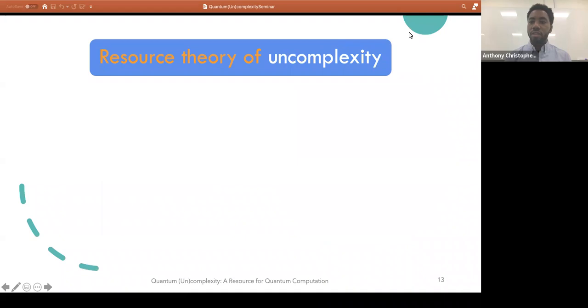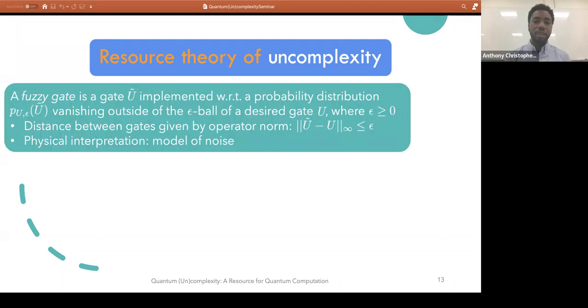Okay, so now let's actually discuss the resource theory of uncomplexity. As I said before, in order to define a resource theory, we're really just trying to define the allowed operations within the resource theory. We have a primitive notion prior to that we need to discuss. That is the notion of a fuzzy gate. The fuzzy gate is basically a gate that suffers from some noise that we model in the following way.